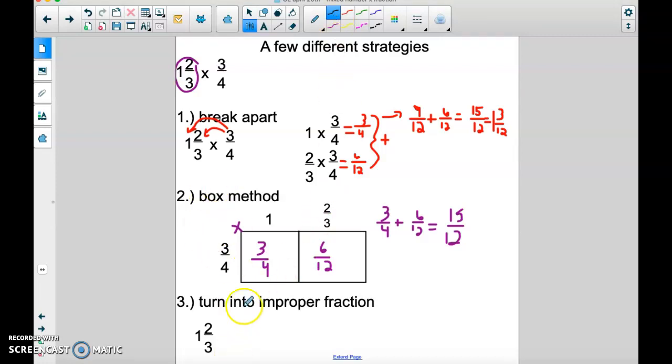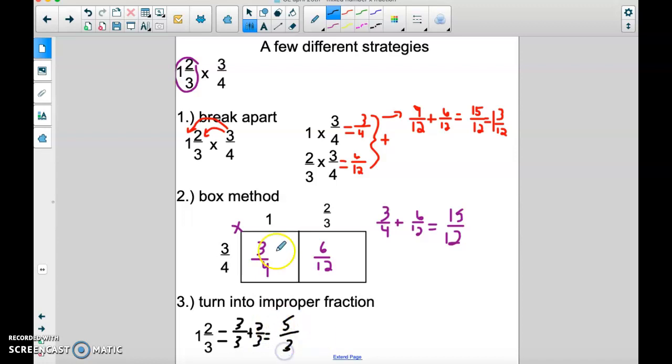Okay. So I'm going to turn 1 2/3 into an improper fraction, right? So if I have 1 whole, that's 3/3 plus 2/3. And now I have 5/3.